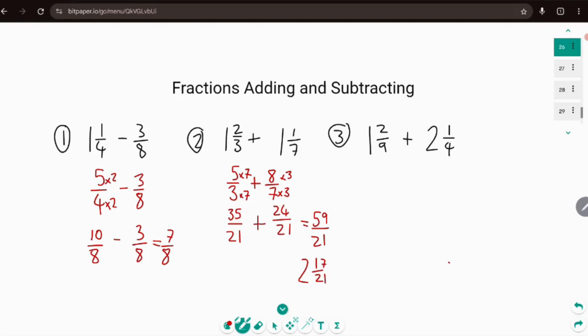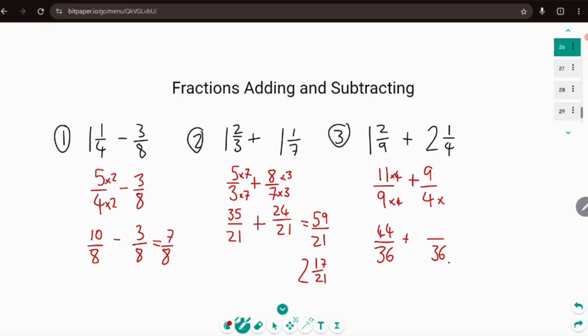Okay, this last one. 1 times 9 is 9, add 2 is 11. 2 times 4 is 8, add 1 is 9. Lowest common multiple is 36. Times by 4, times by 4, 44.